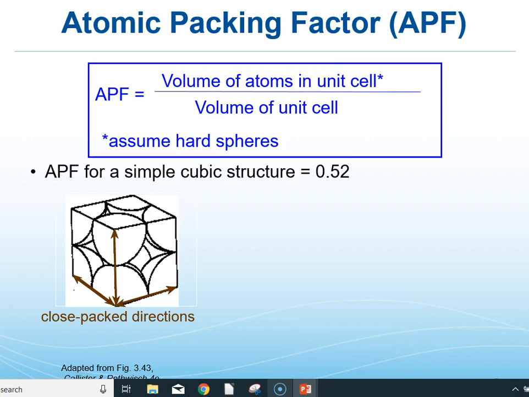A second characteristic that is very important, especially as we get into deformation and movement of atoms within the crystal structure, is what's called close packed planes and directions. A close packed direction is a direction in the crystal where the atoms are touching. And you can see in a simple cubic, they're touching along the cube edges.